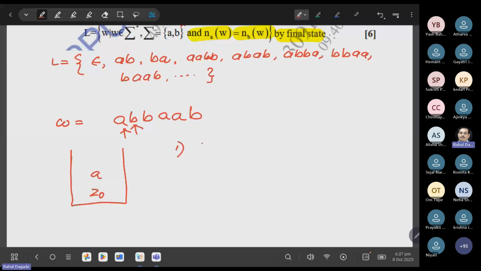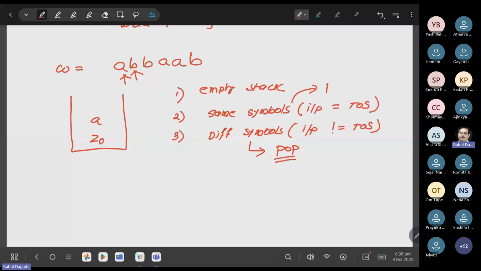Or I could see different symbols, that is, in this case, input is not equal to top of stack. Now in this case, input is B and top of stack is A, so that means they are different. So when they are different symbols, I'll pop it. That is matching. And when I see the same symbols, then I'll push it.